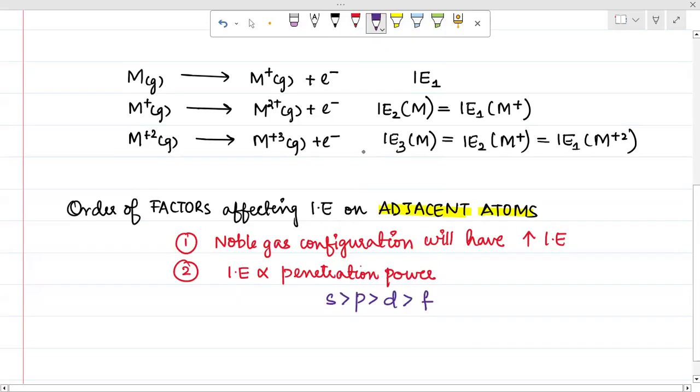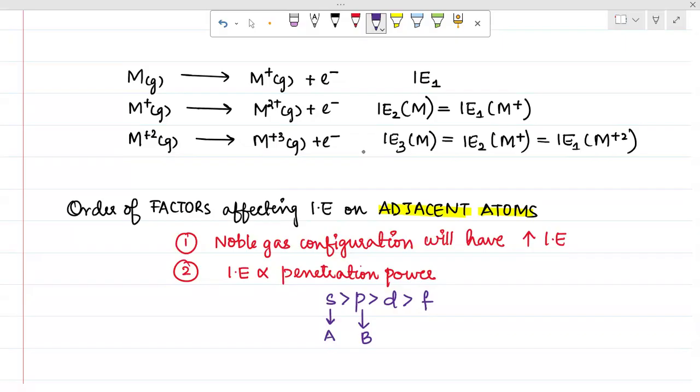So if you have two adjacent atoms where atom A's last electron enters into s, and atom B's last electron enters into p, what will you check? You will check the penetration power. If it is in s, the ionization energy will be high. If it is in p, the ionization energy will be small.